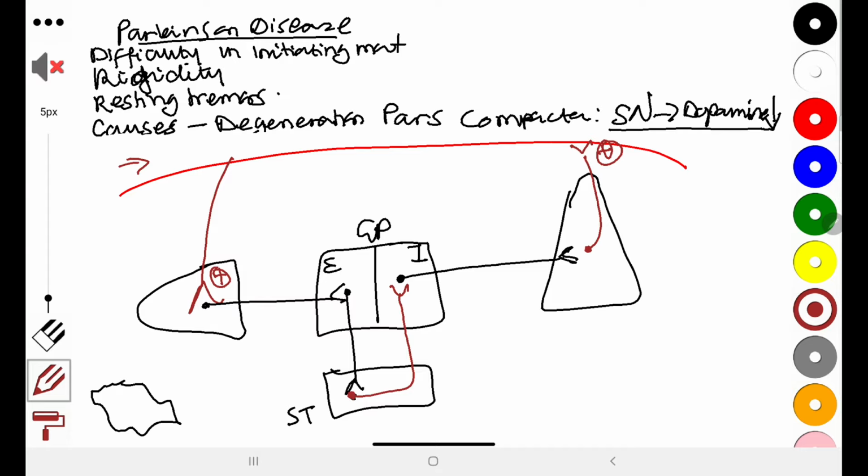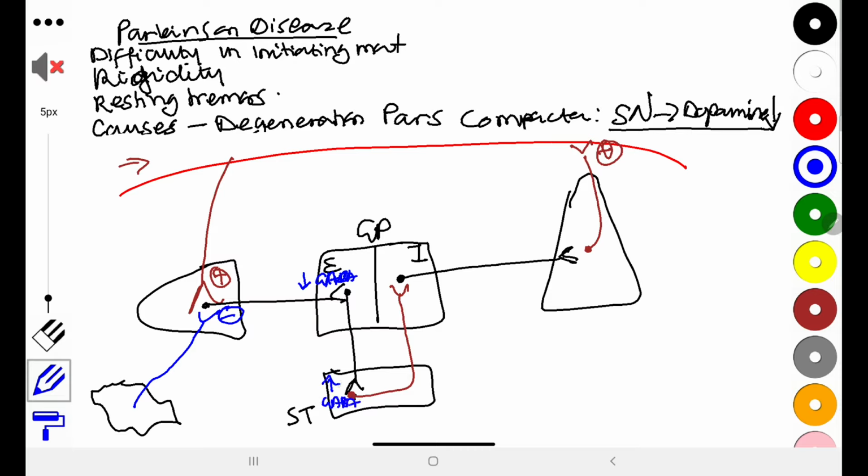This is the normal. And we saw that the role of dopamine was to reduce the GABA that is being produced in the externa. And if there is less glutamate, if there's less GABA, I beg your pardon, it means that there will be more GABA here.